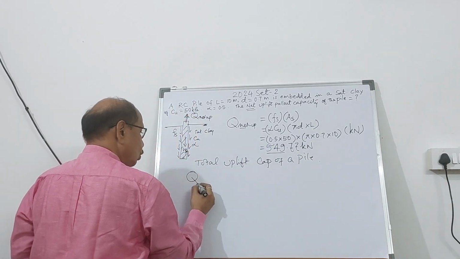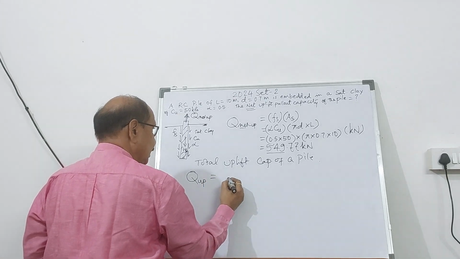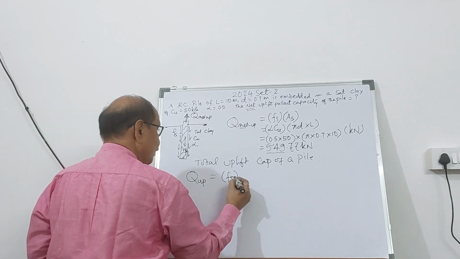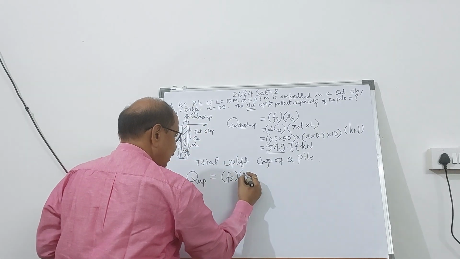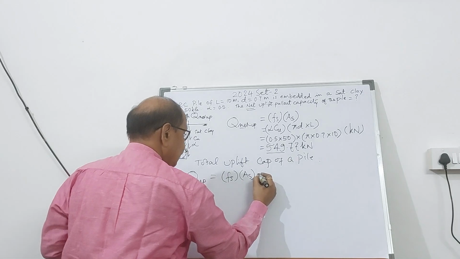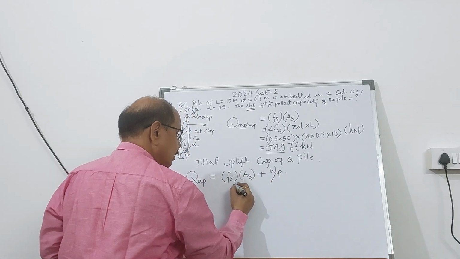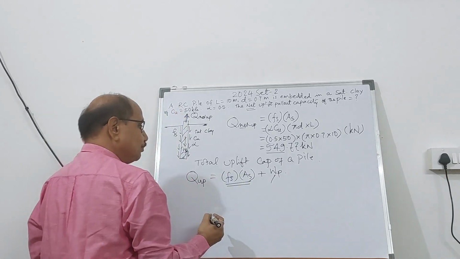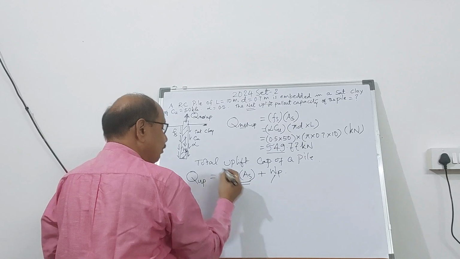then the total uplift capacity is given by Fs, the unit skin friction which is acting in the downward direction, multiplied by the shaft area plus weight of the pile. And the weight of the pile, this you have already calculated. The weight of the pile will be the volume of the pile.